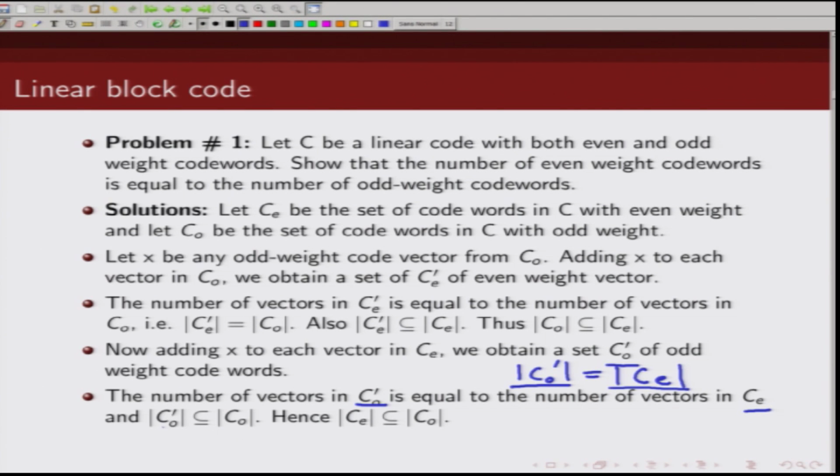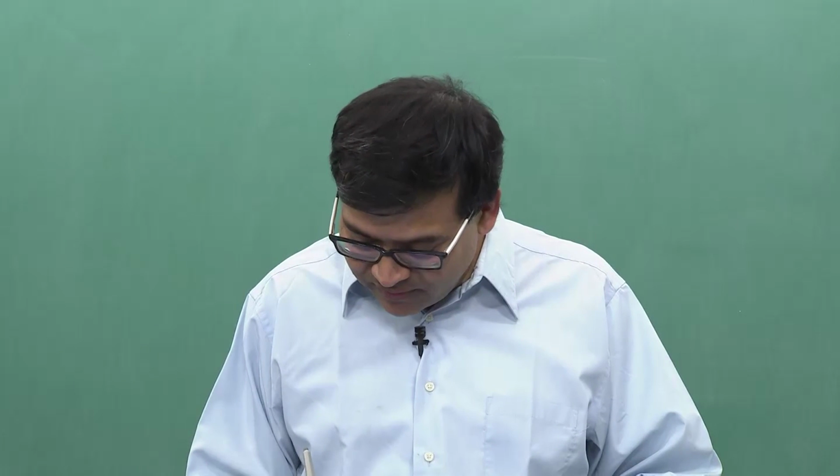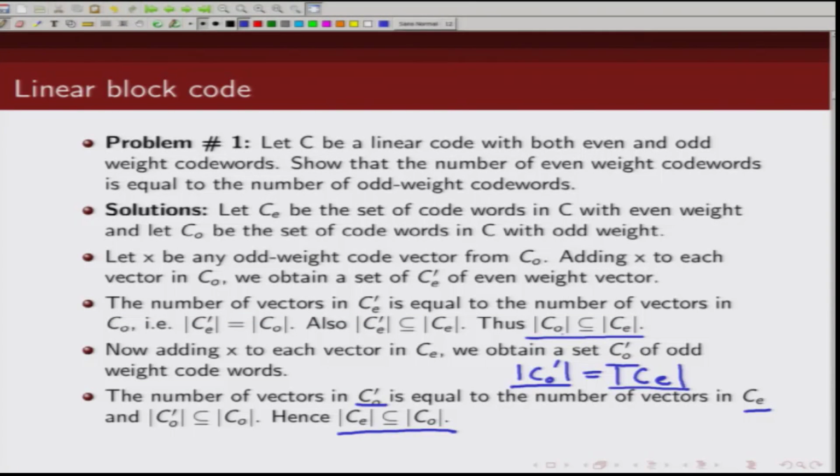So from this relation and this relation, we can write that the number of even code words is less than or equal to the number of odd code words. Now, both of them can be true only if the number of elements in C_O is the same as the number of elements in C_E.